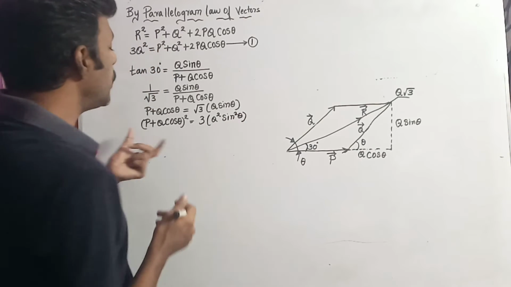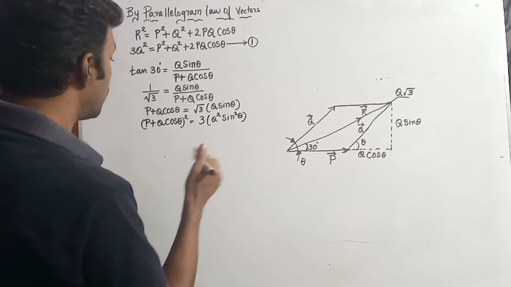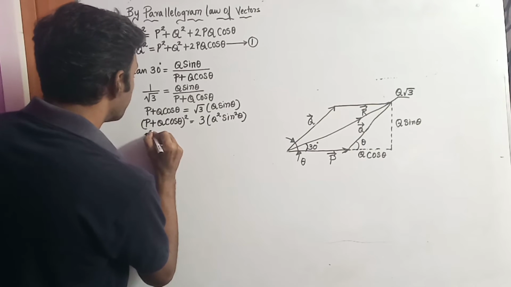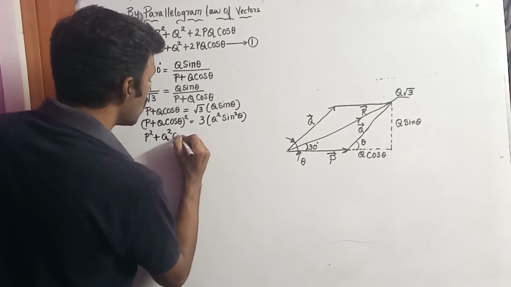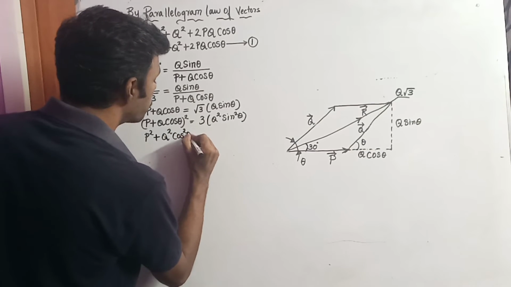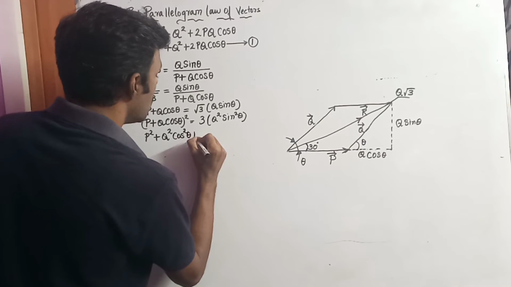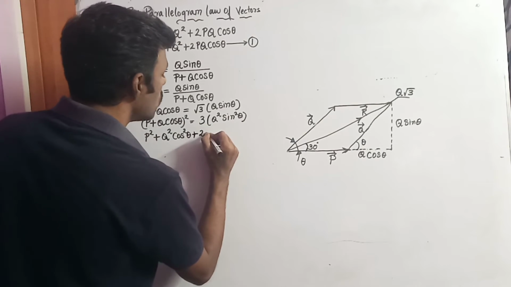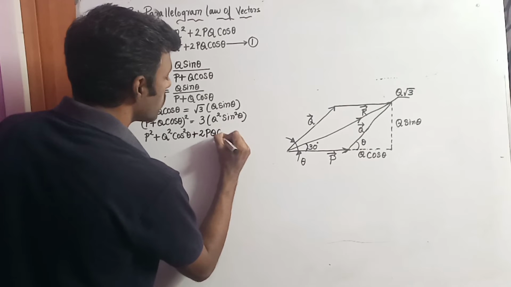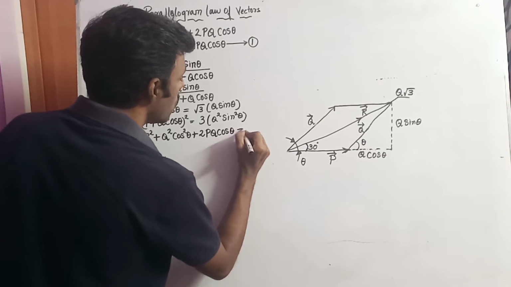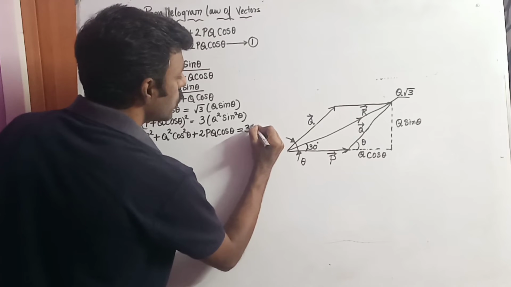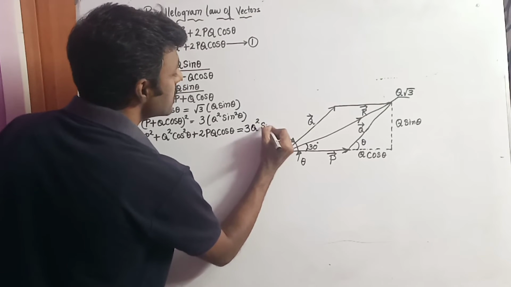So now I'm going to expand this, a plus b the whole squared. So that will be p squared plus q squared cos squared theta, plus 2 into pq cos theta, which is equal to 3 into q squared into sin square theta.